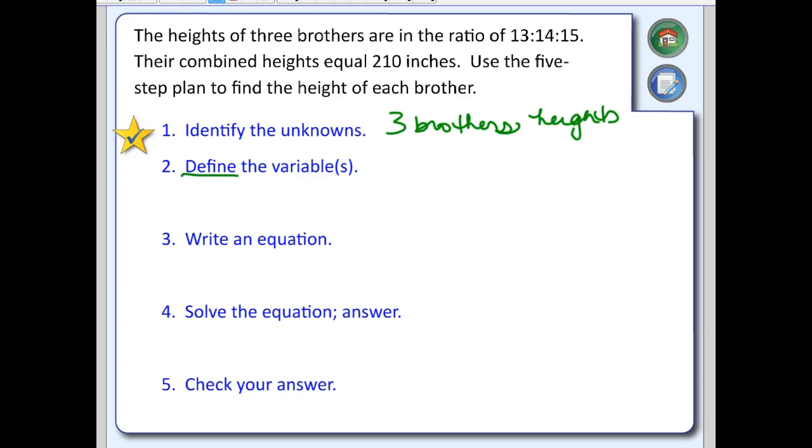Remember, defining the variable means my let statement. That's right. We're going to go back up here and we're going to use this ratio to get our let statements. We're going to let 13x, 14x, and 15x equal the heights of the brothers.